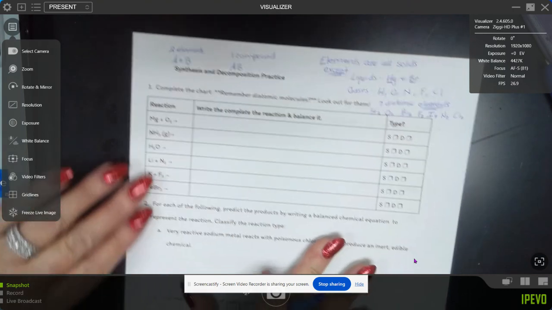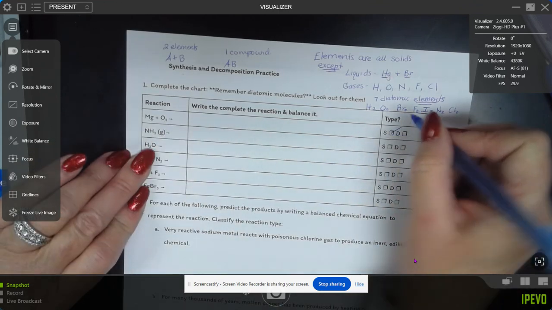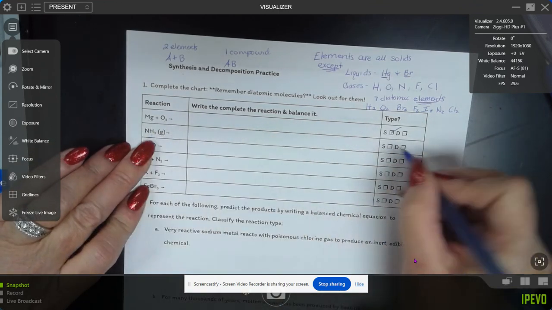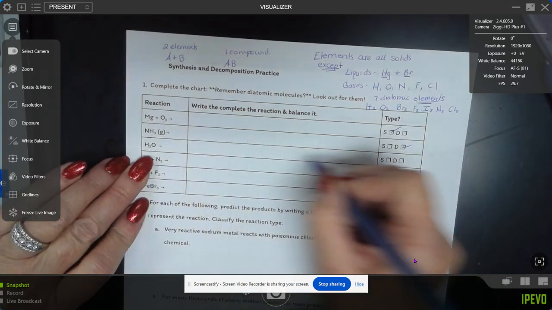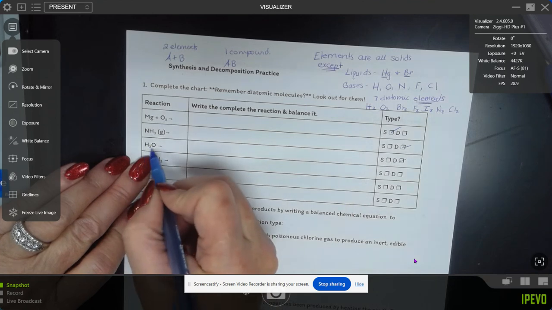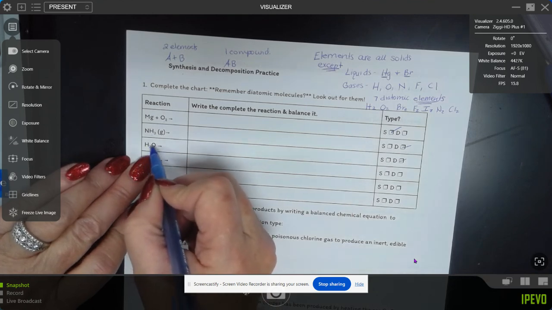So if you look at these, we have 2 elements, synthesis. We have 1 compound, decomposition. A compound is when we have 2 or more elements bonded together, so they're connected.